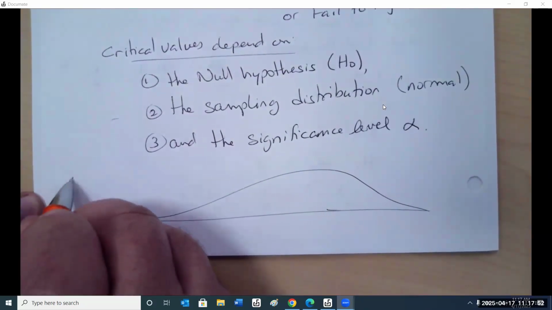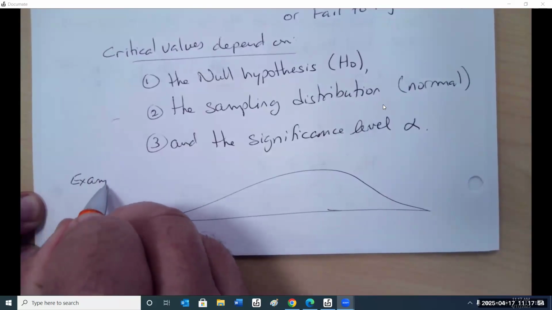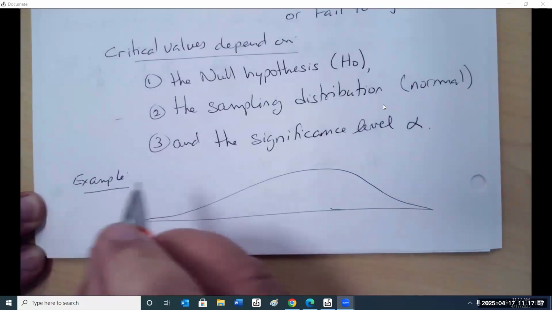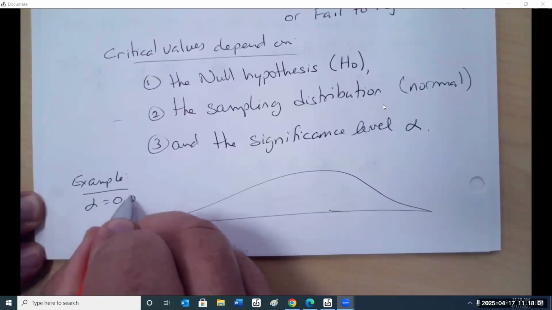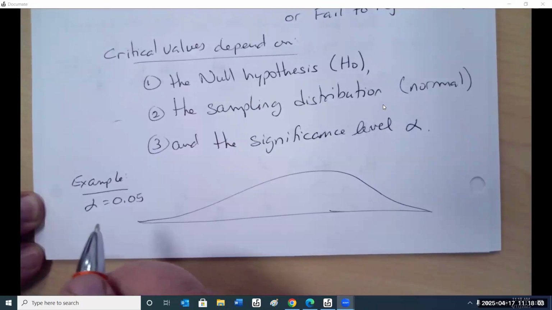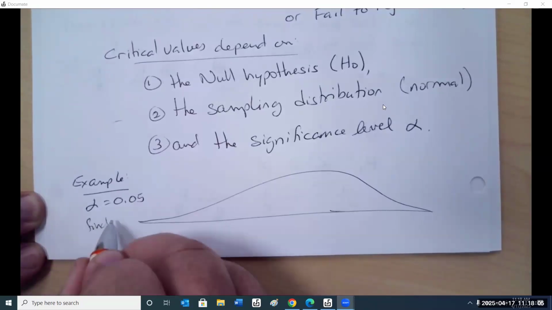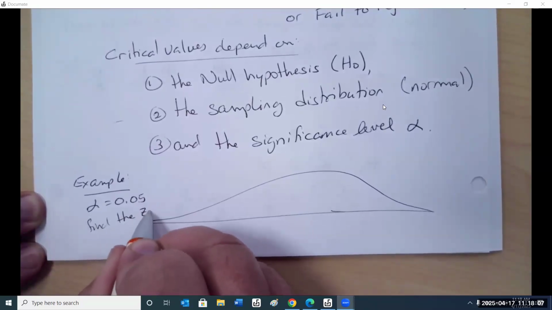So here's an example. The alpha is 0.05. Find the z-value.